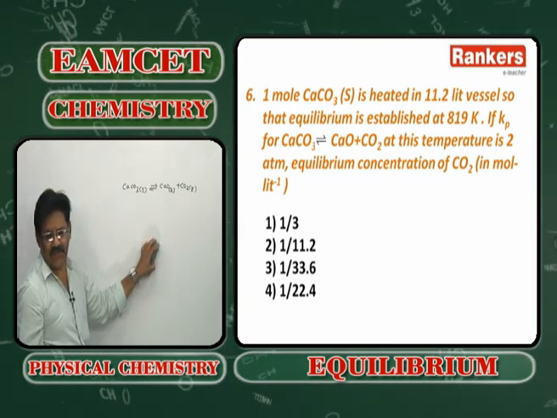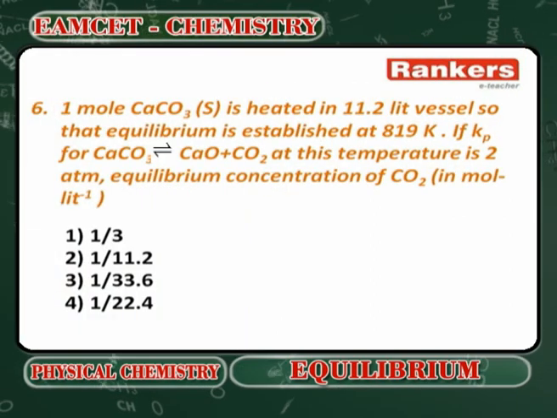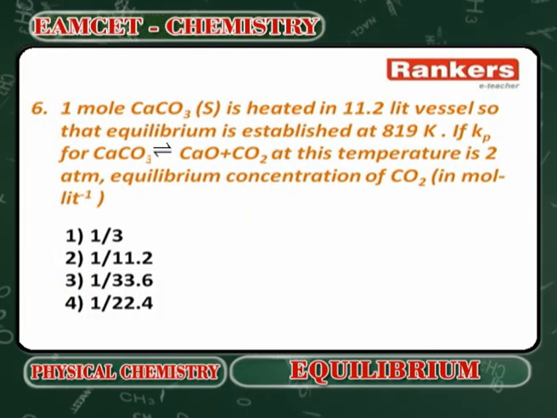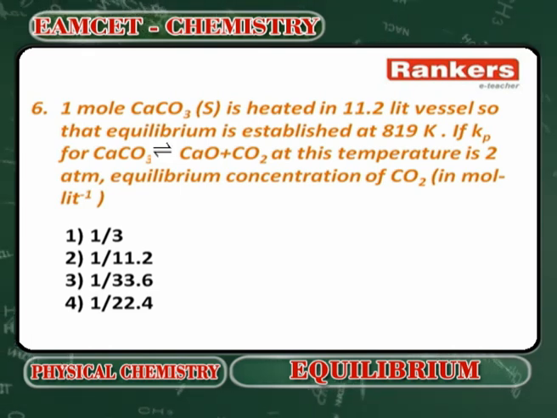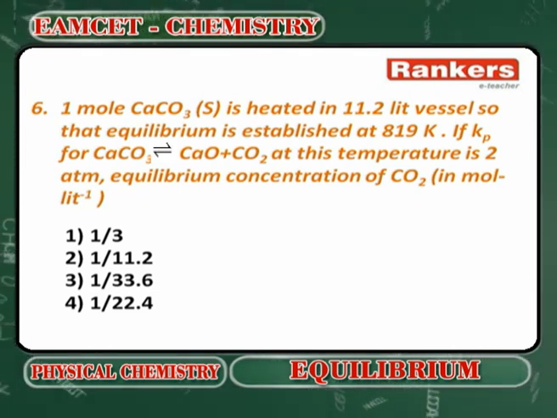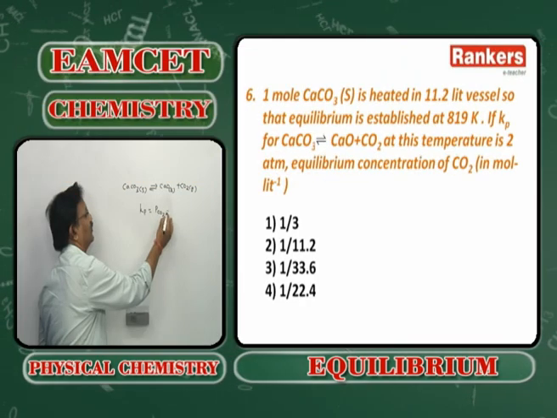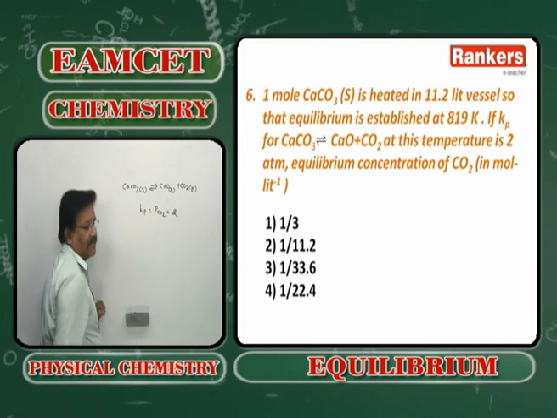In 11.2 liters, equilibrium is established at 819 Kelvin. If Kp at this temperature is 2 atmospheres, what is the equilibrium concentration of the CO2? See here, what is the Kp value? Kp is nothing but the pressure of the CO2, which is equal to 2 atmospheres.